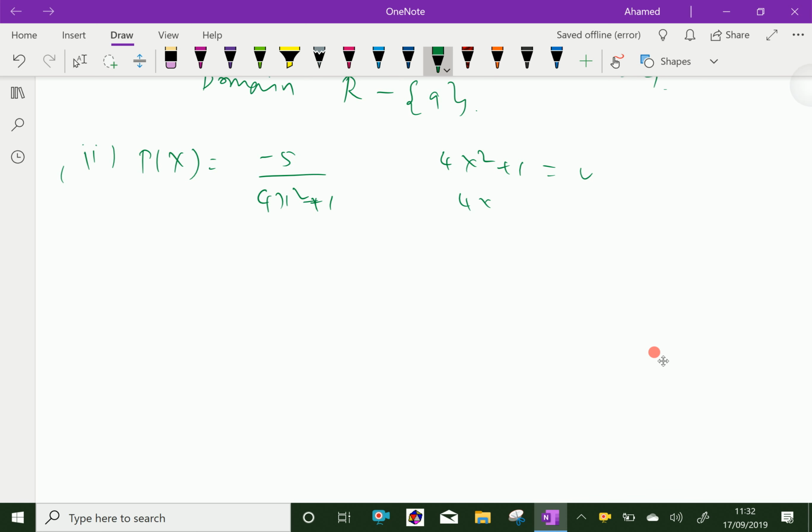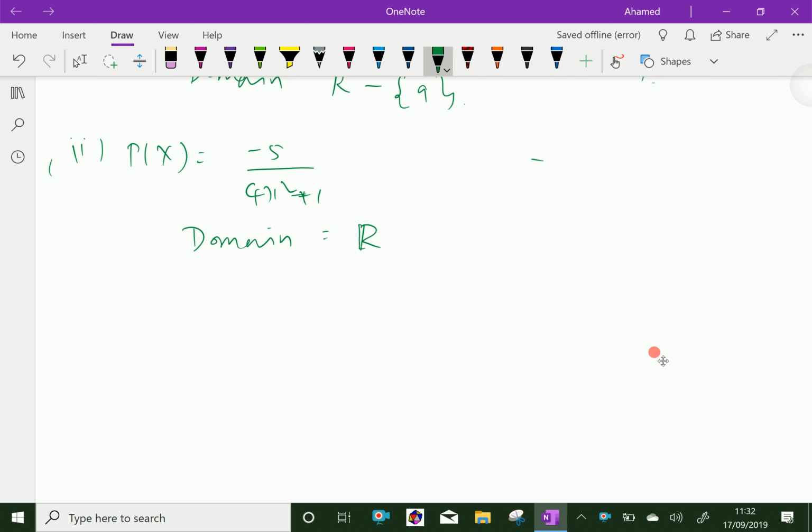So here the domain is all real numbers. We can give any real number for x and we can get real values. So the domain is R.